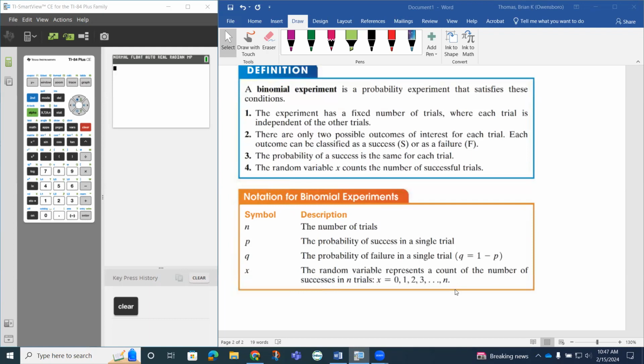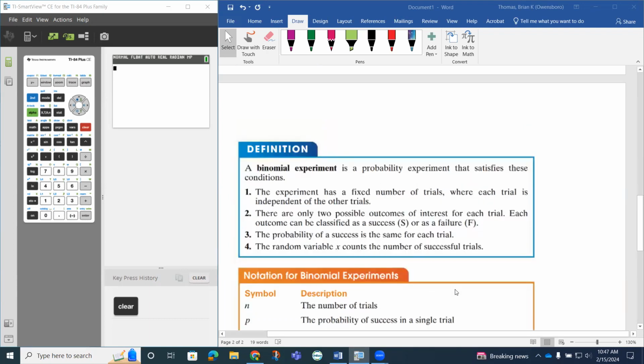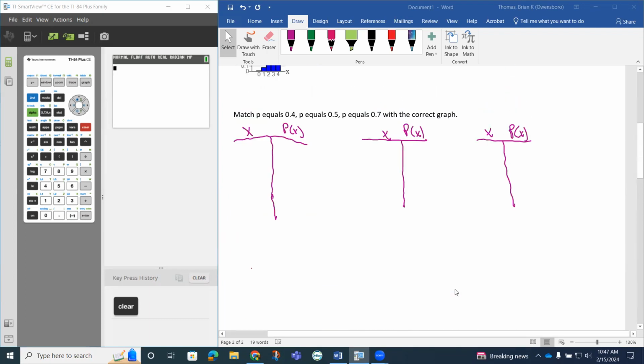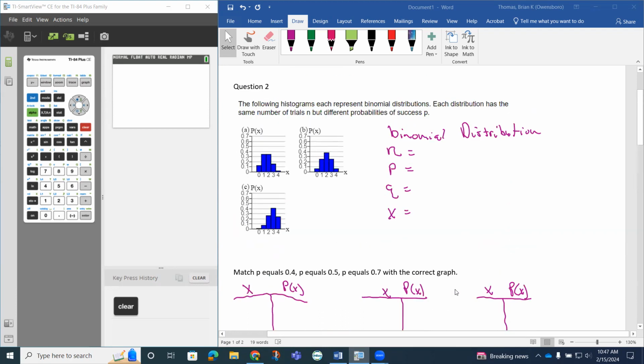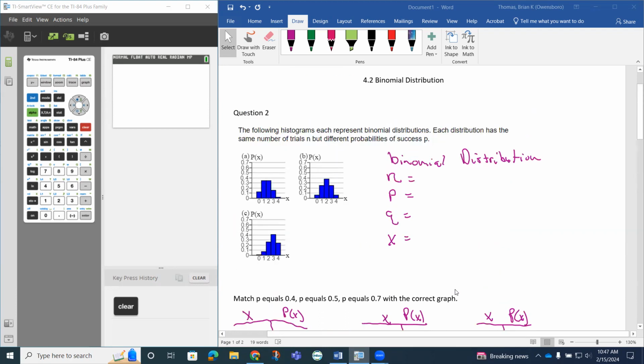So since we got this down, let's unpack this now and look at an example. This example involves histograms. The following histograms each represent a binomial distribution. Each distribution has the same number of trials, but they have different probabilities of success.